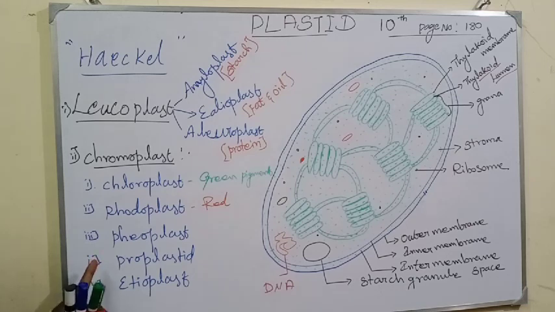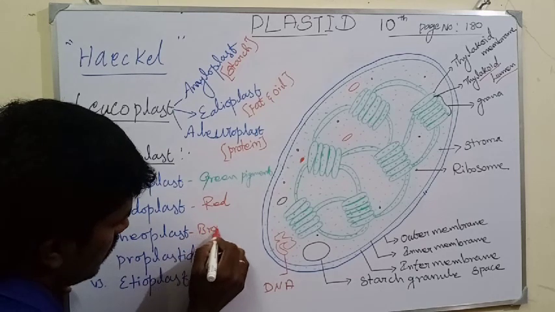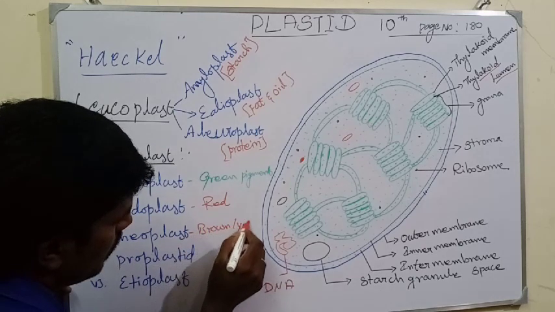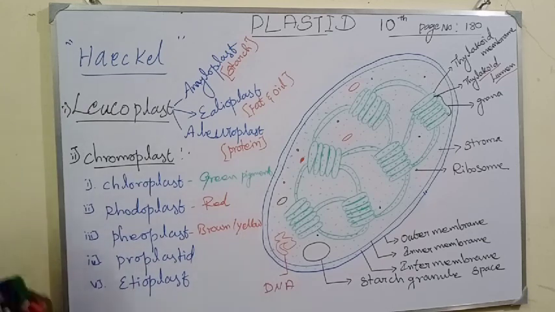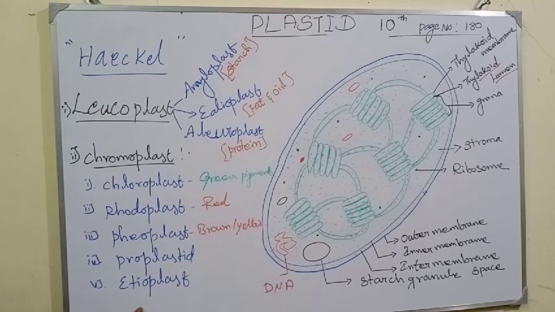And then the phaeoplast. This phaeoplast contains yellow and brown pigment. Brown and yellow. And then the proplastid, which is a non-lamellar sac-like structure. And then etioplast is present without pigment, with lamella.